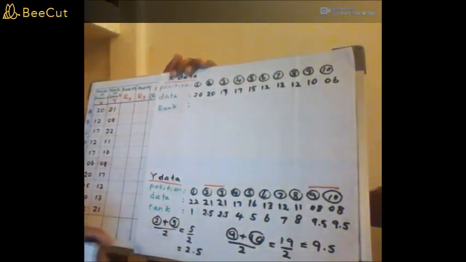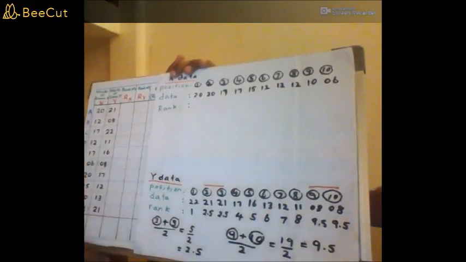Then what you have to do is, now we have got the ranks of Y. These are ranks of Y. You have to transfer these into this column, right? Rank of Y. How to do it? Take the mark 22. Where's 22, rank of Y?